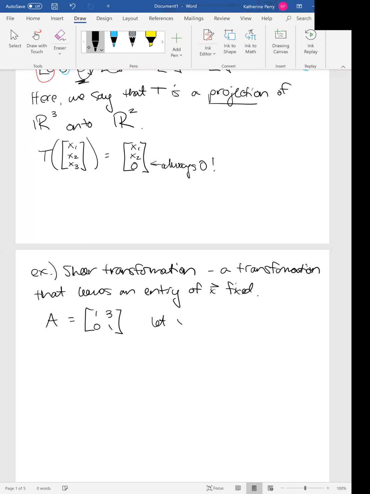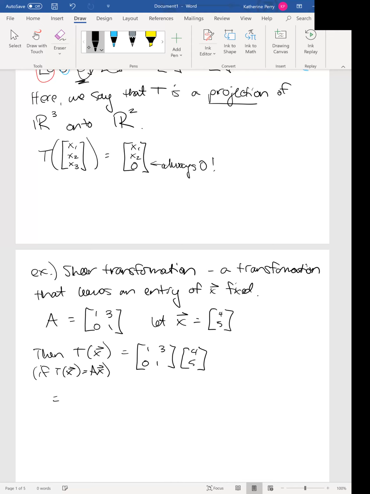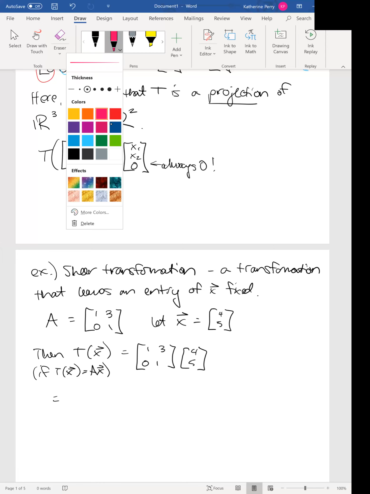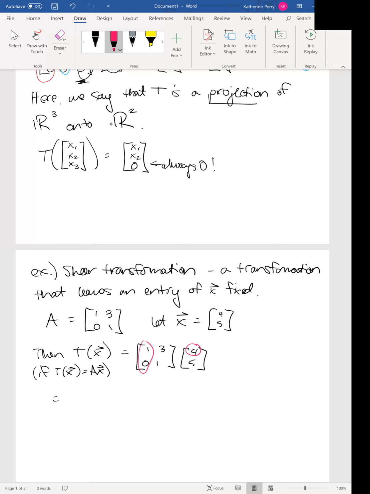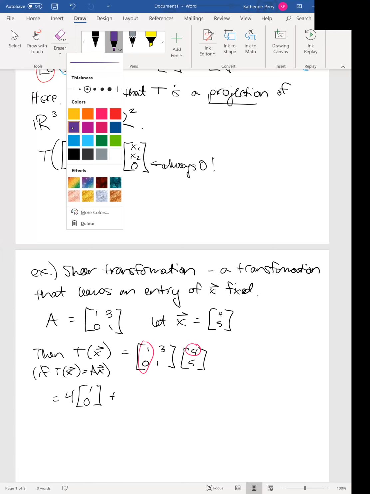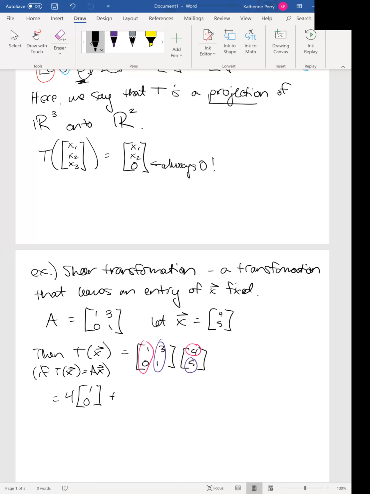So here, let x equal, let's say, 4, 5. Then T of x, if T of x equals Ax, is equal to A times x, which is equal to, again, the first entry times the first column, so 4 times 1, 0, plus the second entry times the second column, so 5 times 3, 1.